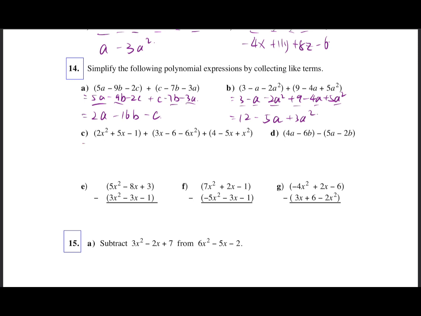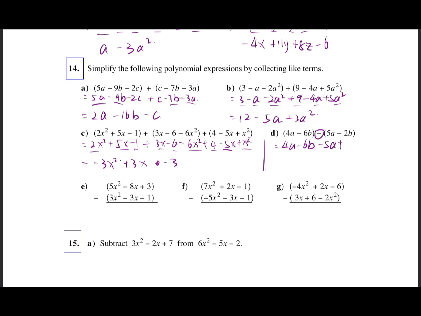And for C, the first one is the square term, so we find -3x squared. And for the x, it's +3, and then the last constant term is -3. And then for the last one, remember this is negative, so it's -5a, and negative times negative is positive, so then it's -a, and then -4.